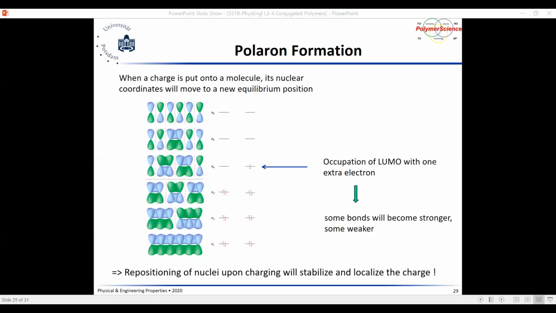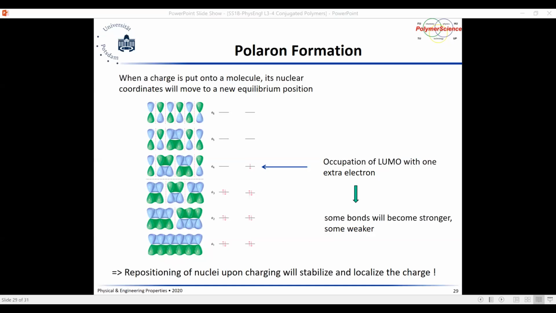So now the charge, the charge that's either gone to LUMO or taken off from HOMO, and the accompanying lattice deformation, which results from this move, is collectively referred to as a polaron or a pseudoparticle with an effective mass which is greater than that of the charge alone.